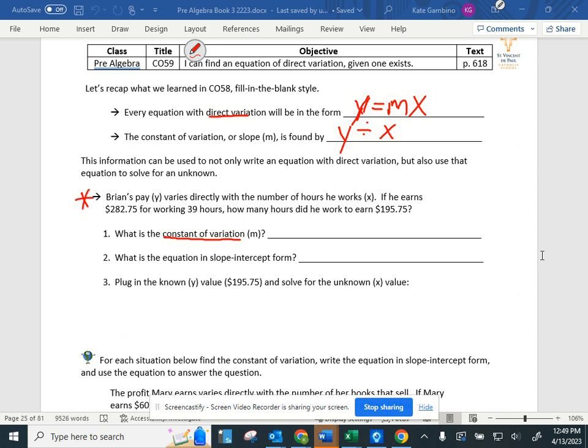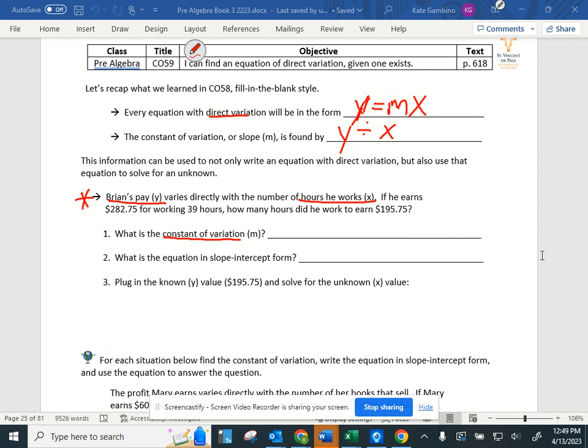So if I'm looking at my word problem, what math am I going to do? This word problem is starting off and telling us which is the y and which is the x. We're going to have to figure out the y and the x in future word problems, but this one's making it easy for us. It's saying Brian's pay is y, and the hours he works is x.